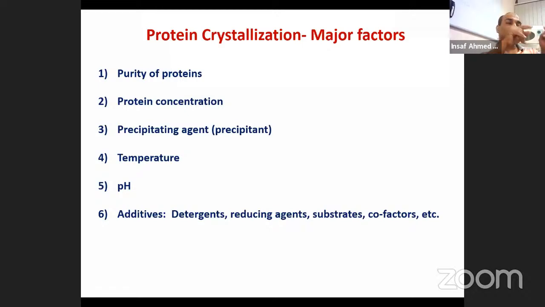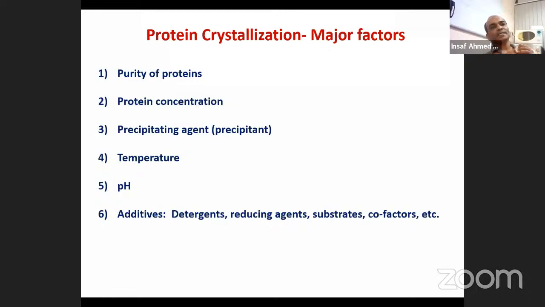Another thing, if it doesn't precipitate, it may denature also. In all those cases, you have to be very careful with the temperature. That is the reason crystallization is generally performed below the ambient temperature. And I'm pretty sure all of you are aware that ambient temperature is 25 degrees centigrade. So temperature is always a critical factor.